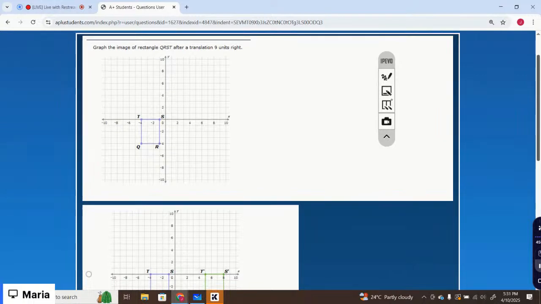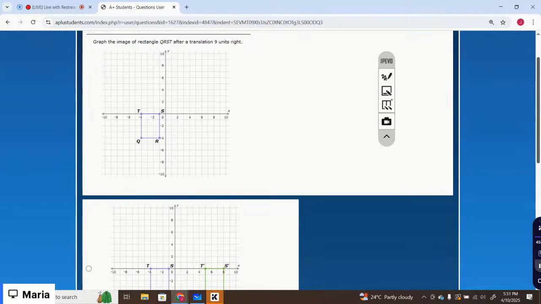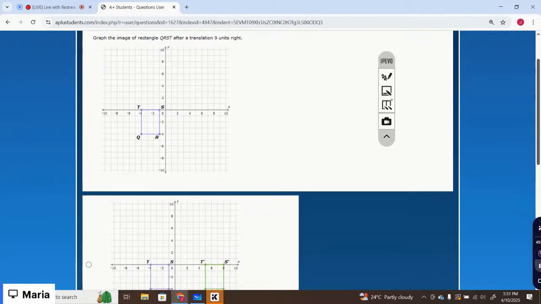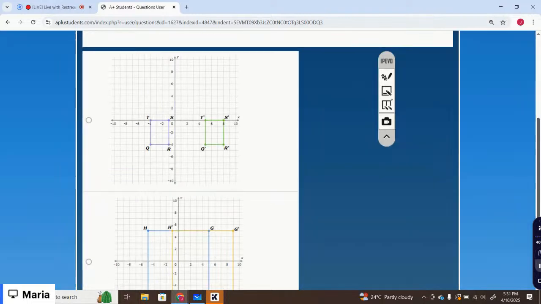Graph the image of rectangle QRST after a translation 9 units right. You have to translate the image 9 units right, right?